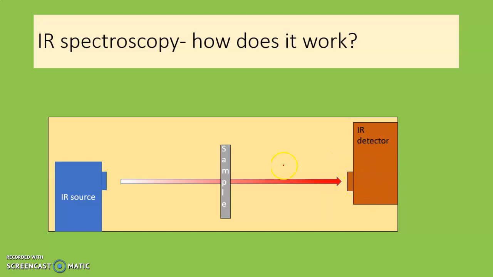So parts of the wavelength from the source will be missing, and by using the output from the detector, we can identify which sections of that radiation are missing, and based on that data we can identify which bonds were in the sample that had absorbed the missing parts of the radiation.